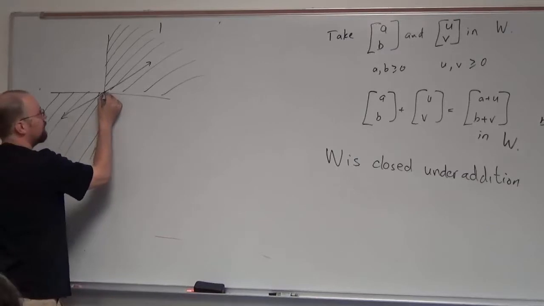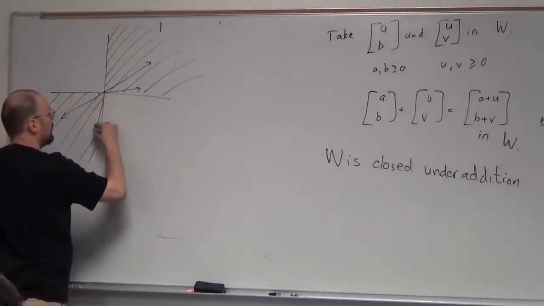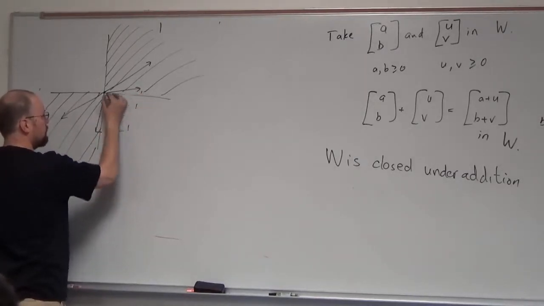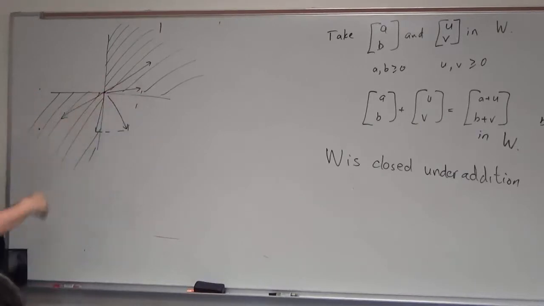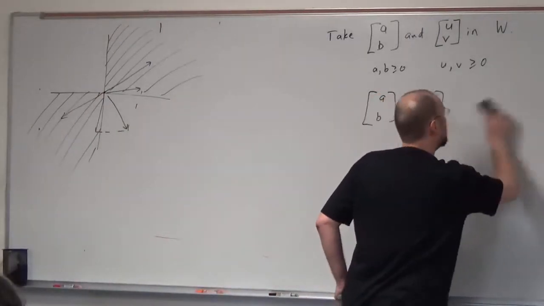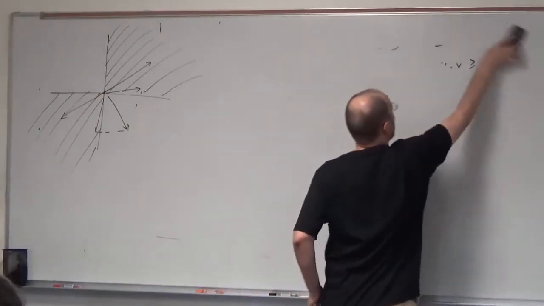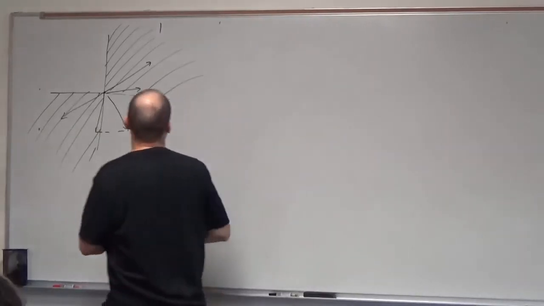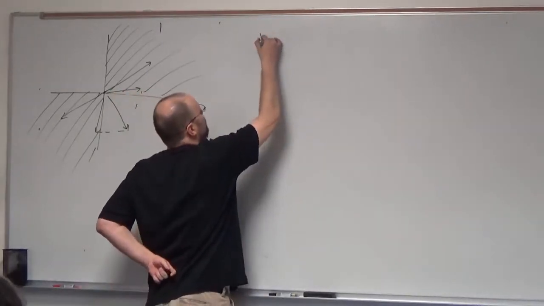Because if I take a vector here and a vector here and I add them, I now leave the shaded region. So if I were to cook up an example of a set which is closed under scaling but not addition, how would we define this subset of R2?